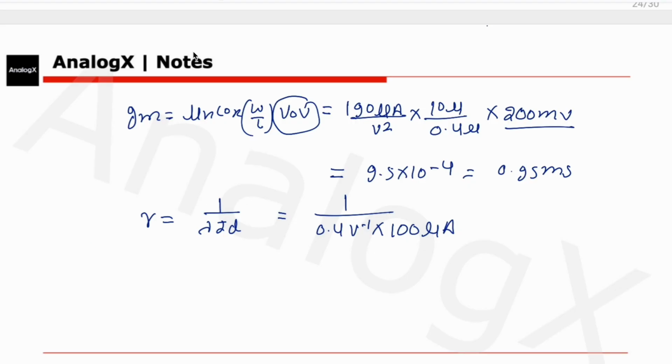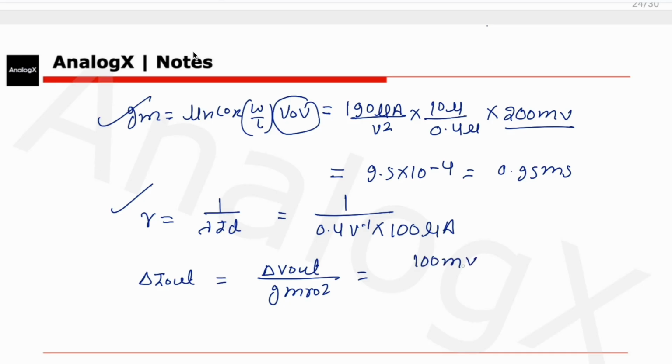Now let's put in the values of gm and R naught. So delta I out will be delta VDS, or delta V out, divided by gm R naught square. Delta V out is 100 millivolt, gm is 0.95 millisiemens, and R naught will come as 25 kilo ohm.